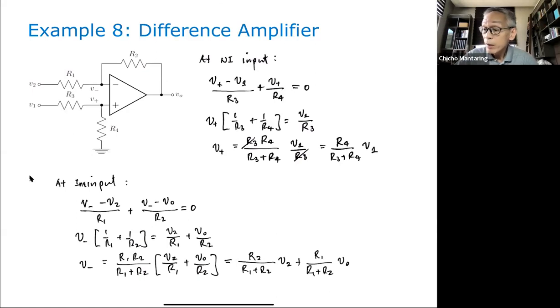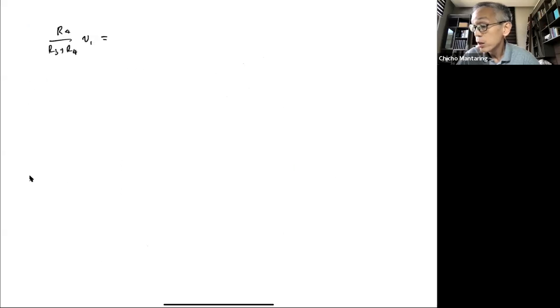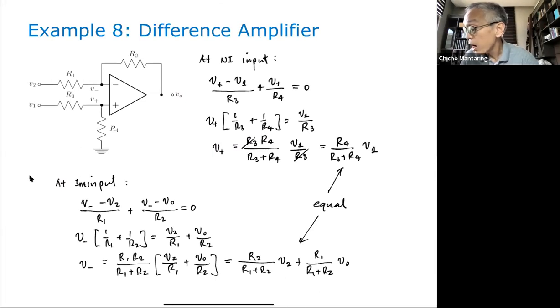So what do I do now? V plus is equal to V minus. I can equate this to this. So this and this are equal. So R4 over R3 plus R4 multiplied by V1 should be equal to R2 over R1 plus R2 V2 plus R1 over R1 plus R2 VO.